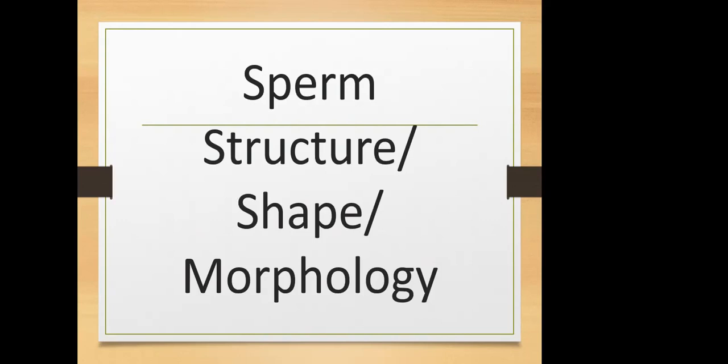Right after that stage, there's an arrest. It doesn't continue any longer. So how are you even going to get spermatids? So in early maturation arrest, you're not going to get anything in the seminal fluid, and it's a total azoospermia.